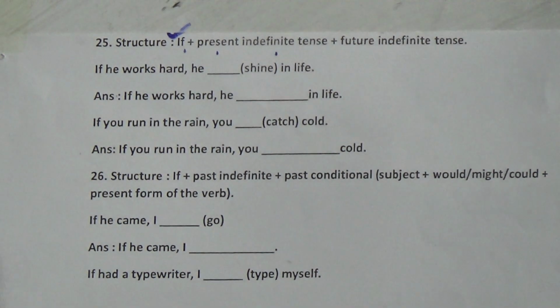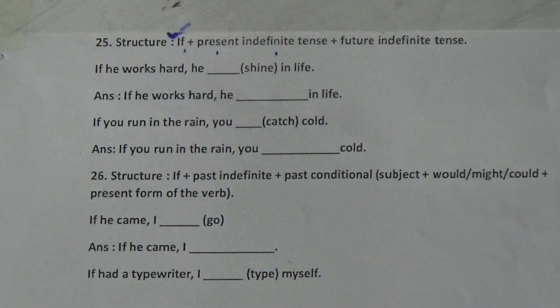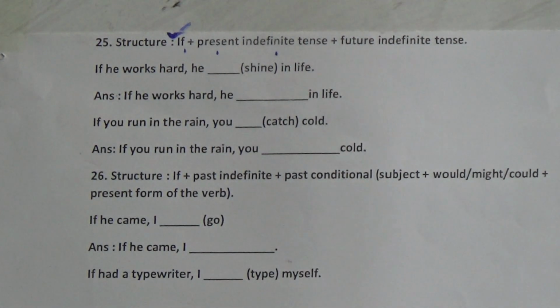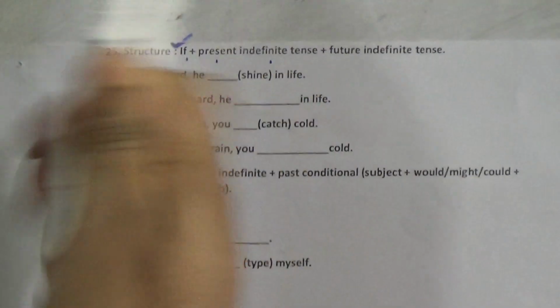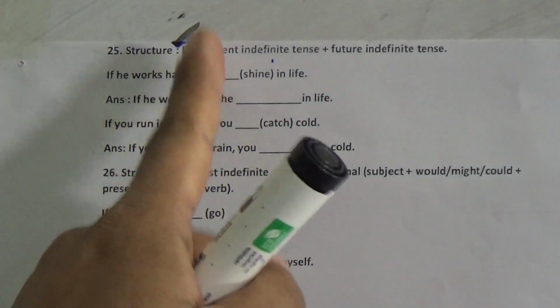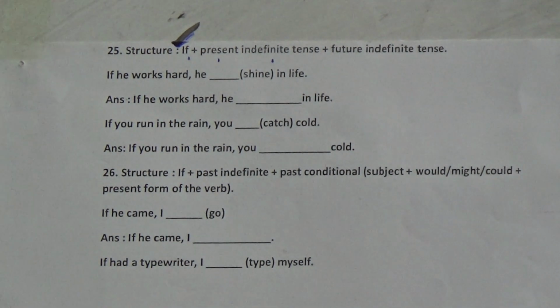You know that these rules are included in conditional sentences. Conditional sentences means there is an if, that's why they are conditional sentences. There are 4 or 5 rules in conditional sentences. The first rule is rule number 25: if plus present indefinite plus future indefinite.